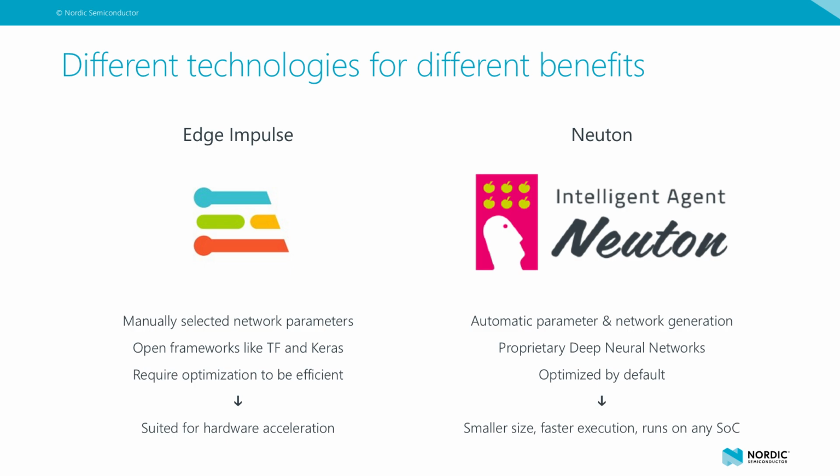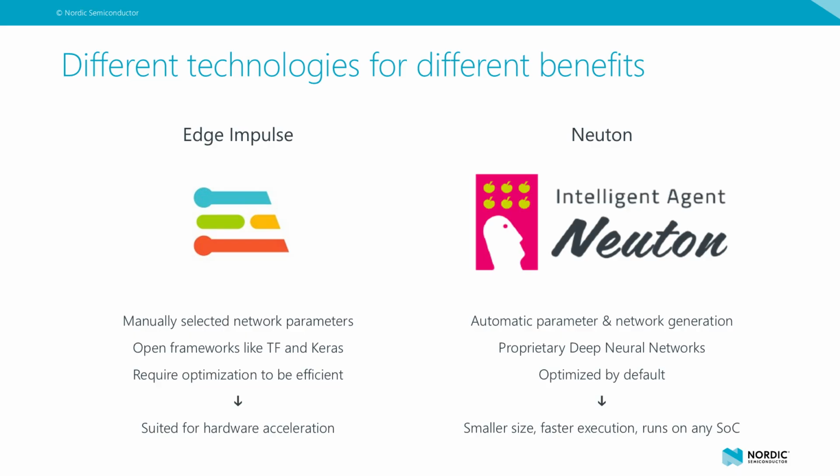This gives the Edge Impulse framework a different organization of their models, which also requires you to optimize them after they've been built to be efficient.